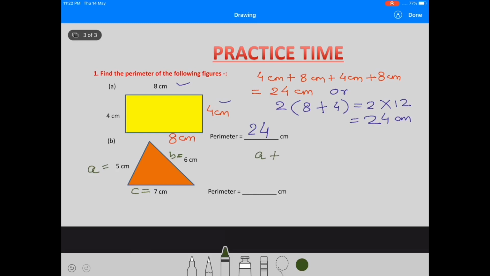So here A plus B plus C is equal to 5 cm plus 6 cm plus 7 cm is equal to 18 cm. Here the perimeter is equal to 18 cm.